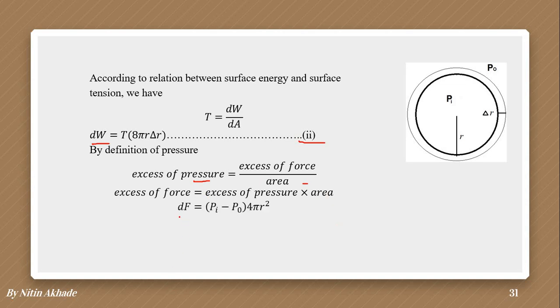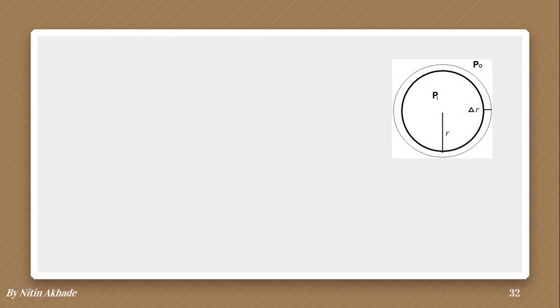So by the definition we can write dF is equal to (Pi minus P out), the excess pressure inside that drop or bubble, multiplied by the area of that sphere. What is the area? It is the initial area of that drop or bubble, so dF is equal to (Pi minus P out) multiplied by 4 pi r square.